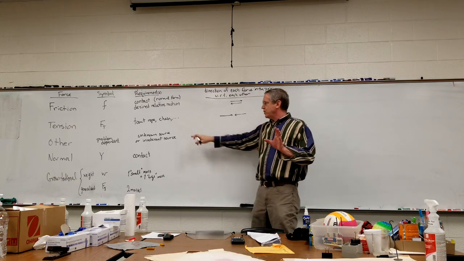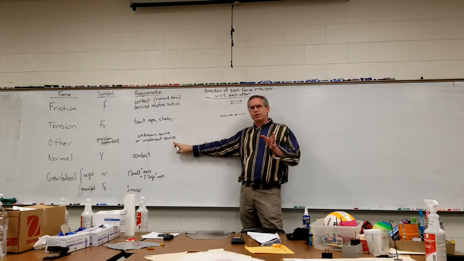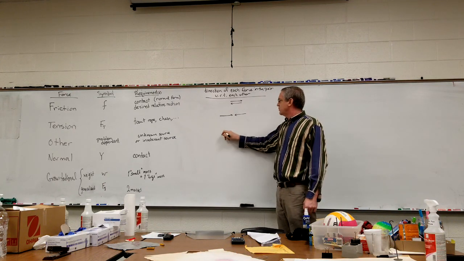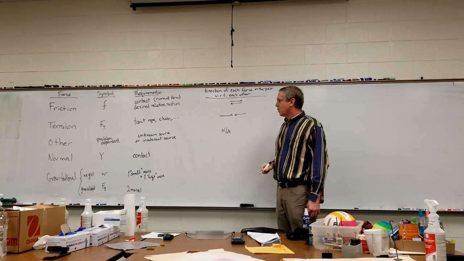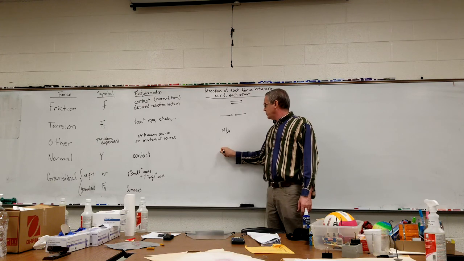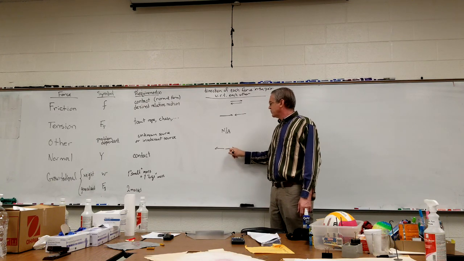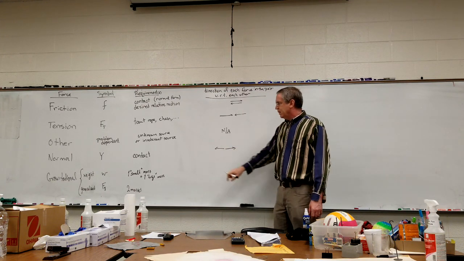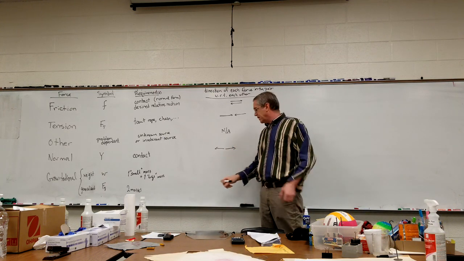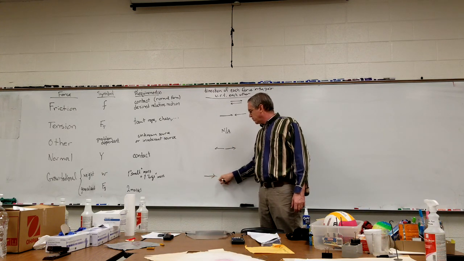For others, since we don't know the source or the source is irrelevant, we actually only draw one of the two forces, and so this is really not applicable, or it's problem dependent, however you want to look at it. Normal force is a pushing force, so the pair of forces are always away from each other. Gravitational force is always trying to attract things together, it's pulling things together, and so the pair of forces are always towards each other.